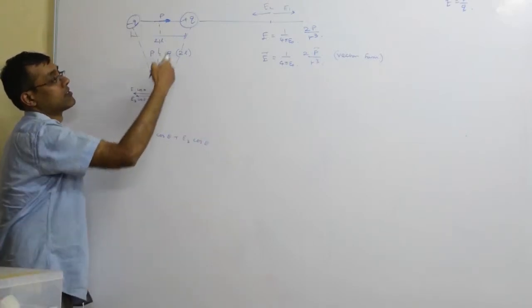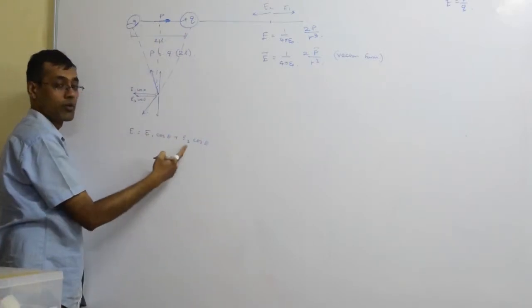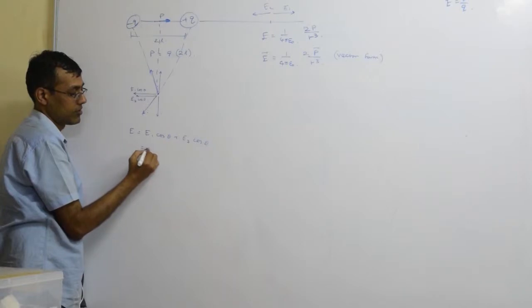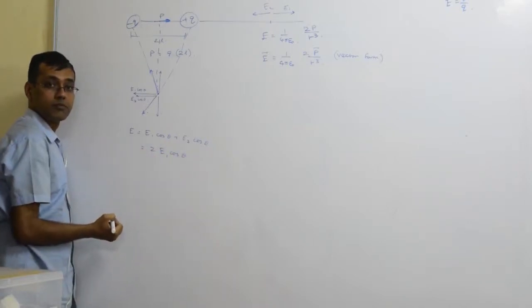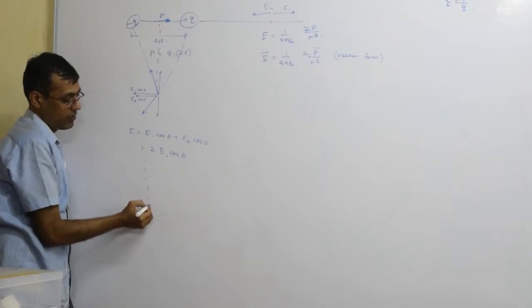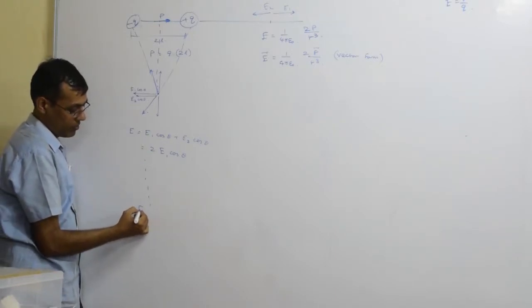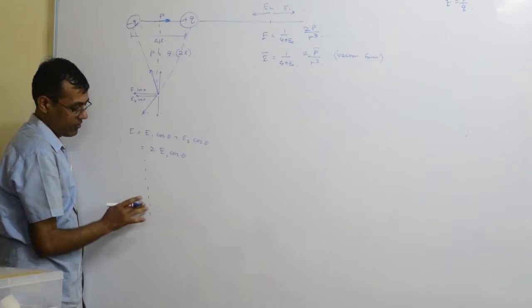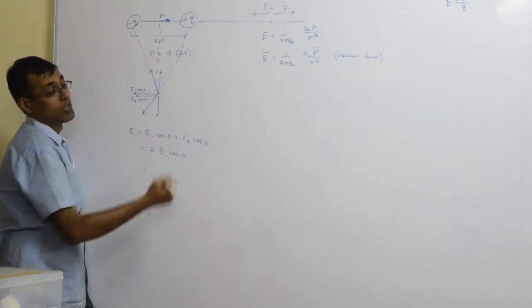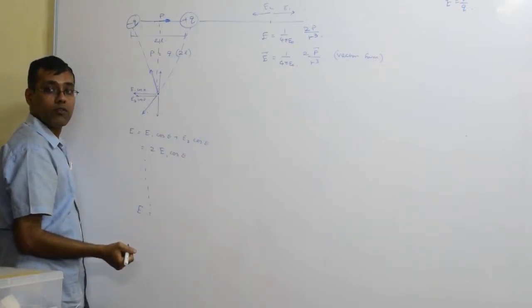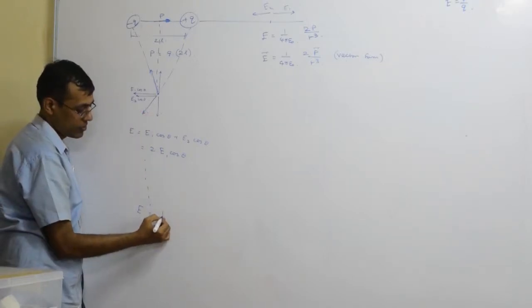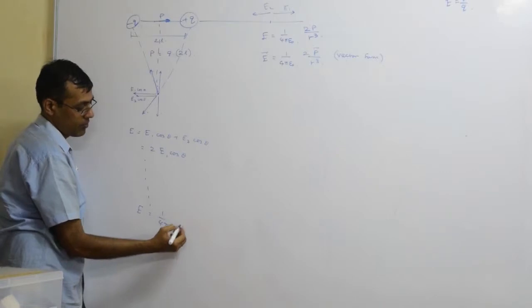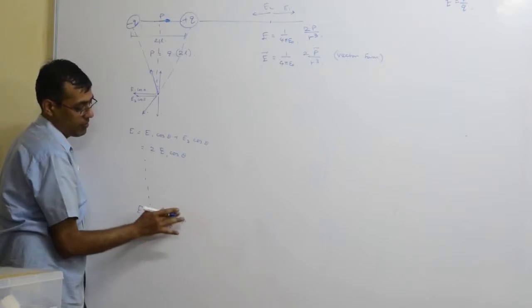But since the distance is the same, E1 and E2 are the same, which means it can be written as 2 times E1 cos theta. We did the math and then finally what did we find? E is equal to, very similar to that, without the 2, right? So it's 1 by 4 pi epsilon naught P by R cube.